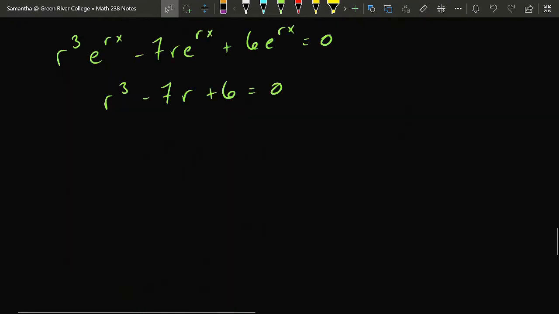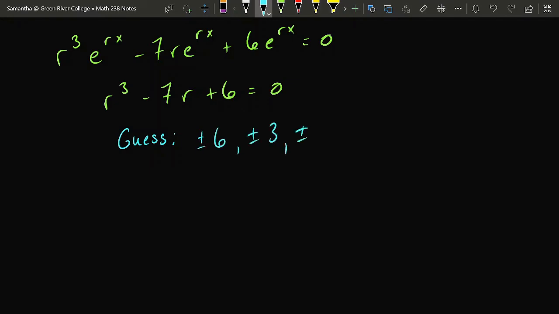So here we want to make r cubed minus 7r plus 6 equal to 0. And the theorem tells us to try and guess factors of the number 6 here. So plus minus 6, plus minus 3, plus minus 2, and plus minus 1.